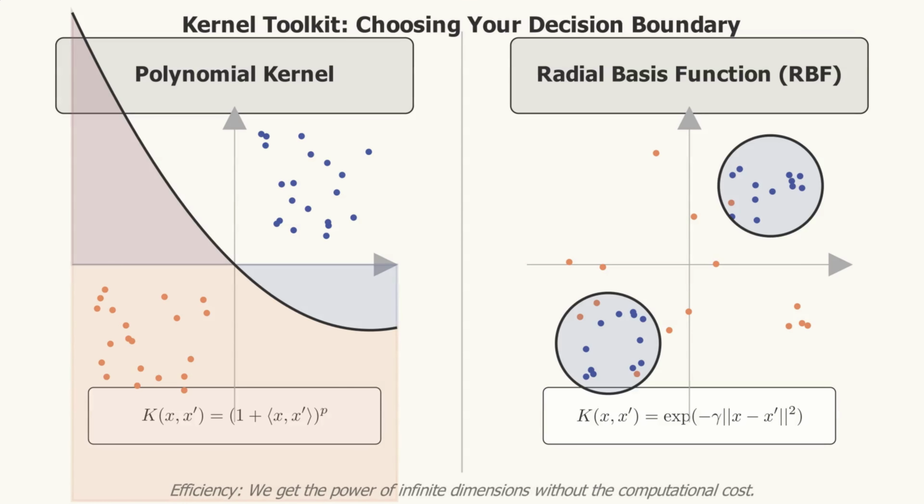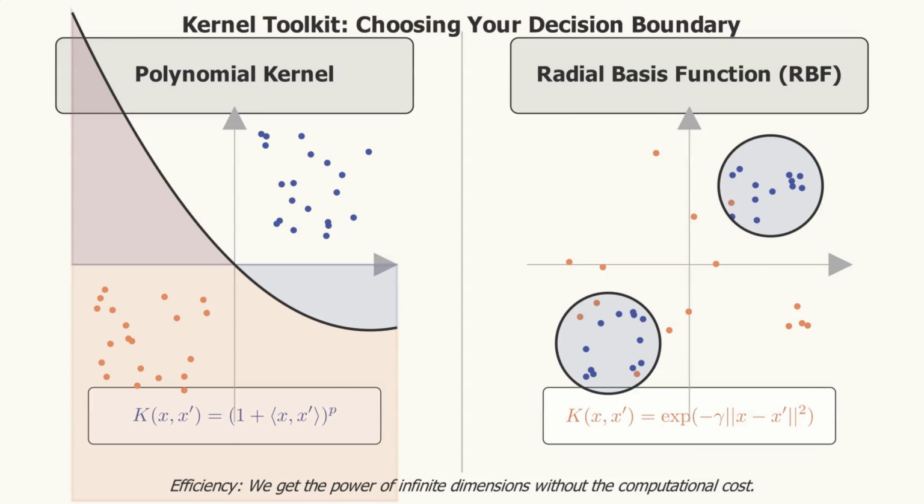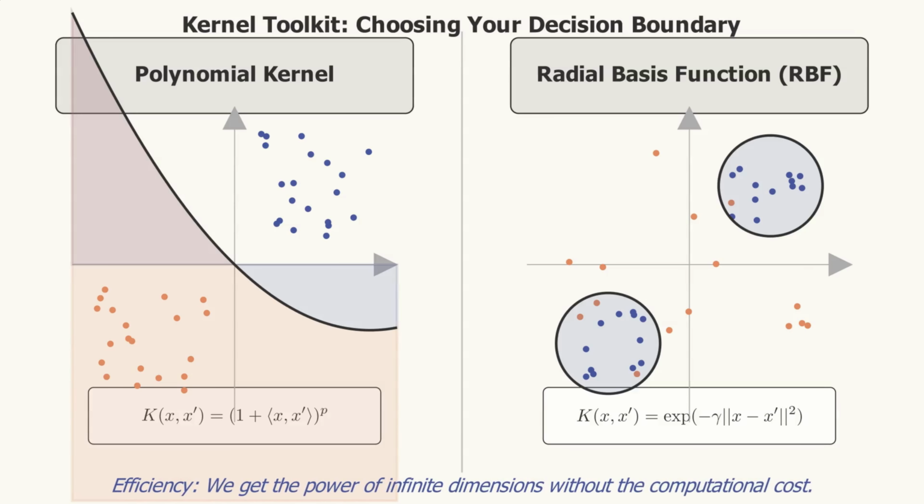Instead of a single curve, the RBF creates localized islands or loops around clusters of data. Notice the difference in their formulas. The RBF kernel uses a gamma parameter to control how far the influence of a single point reaches. This allows it to handle incredibly complex datasets where classes are scattered in irregular patterns.